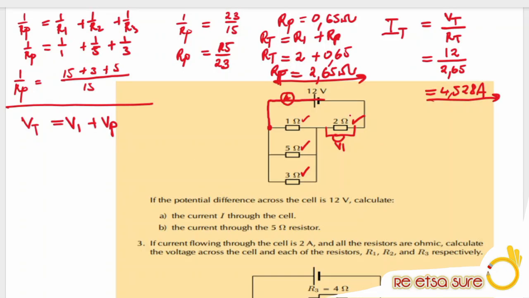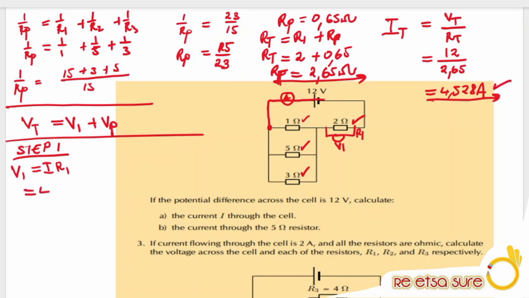Step number 1, please, this one is important. I will say that V1 is equal to IR1. I'm calling this R1. What is our current here? Our current here is the same as 4,528. We multiply that by what? By our resistance, which is 2.